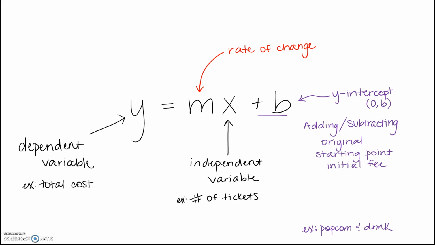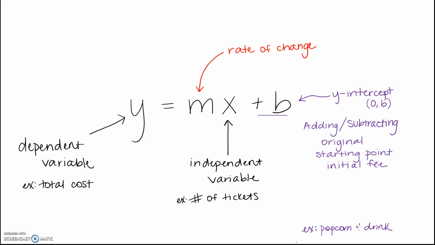Another example would be, let's say we're having a party and I buy a cake. So I'm buying the cake no matter what, all right? And then I have to spend more for snacks and things based on how many people come. So my starting point would be the price for my cake.